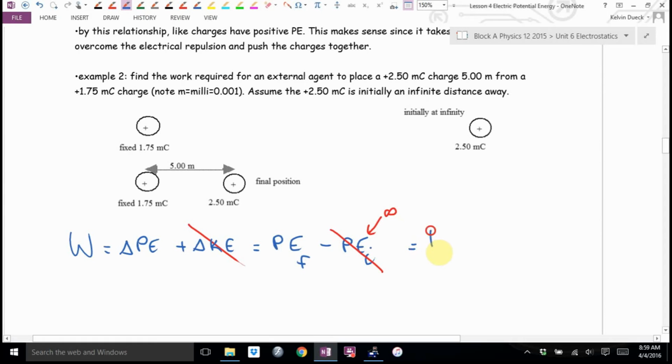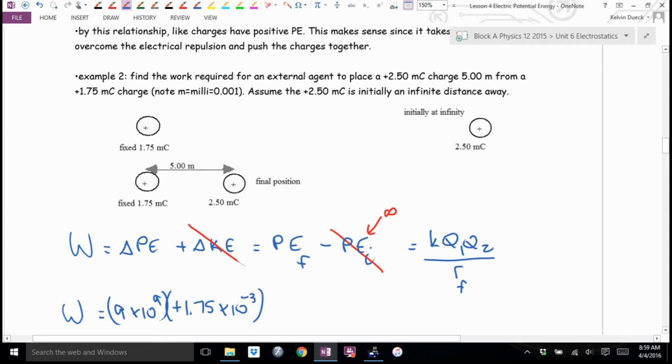So, I'm just going to get K, Q1, Q2 over, and I guess our final, because it's final. It's going to be K, 9 times 10 to the 9th. Q1, the fixed charge, positive 1.75 times 10 to the negative 3. Again, you don't need to put the plus sign there. I'm just letting you know I included the sign this time.